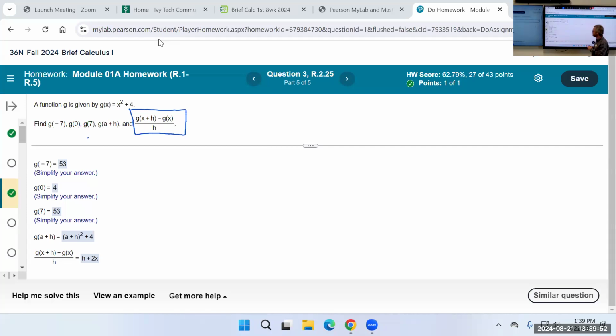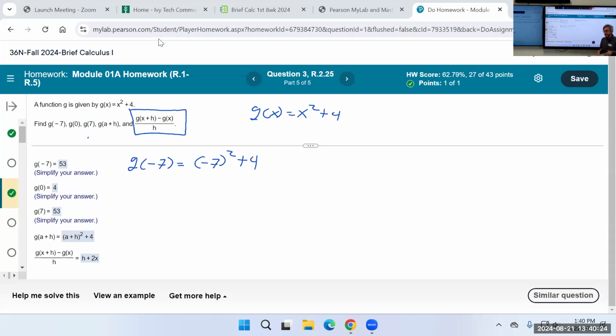But I need to go over function notation just to be sure that it is clear that you've seen this before and that you remember. So they give me some function g of x. Mine was x squared plus 4, and they say evaluate that at x equals -7. So what does g of -7 mean? -7 squared plus 4.